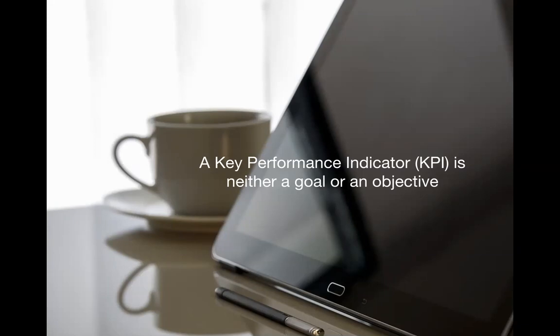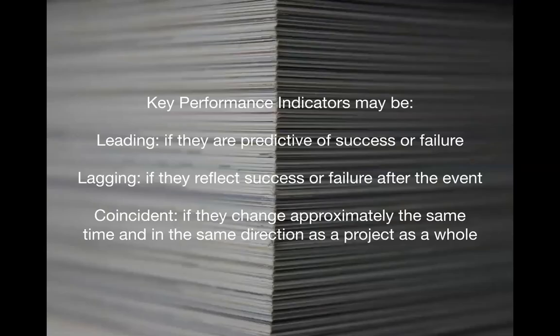And when we start out on this journey of understanding measurement and evidence and analytics and insights, we often think that a KPI is actually the goal itself. It's not. It's an indicator of how we're progressing towards a particular goal.